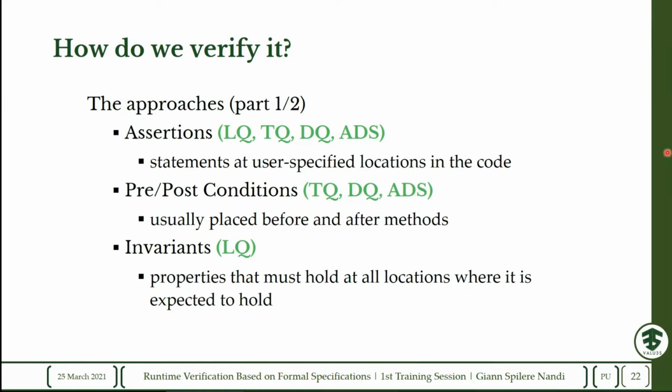It's really common to use pre and post conditions before and after methods to check if whatever happened in that method still complies with the conditions that you set for the pre and post conditions. With the invariant, the idea is that properties must hold at all locations where they are expected to hold.